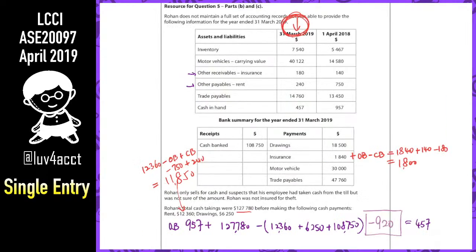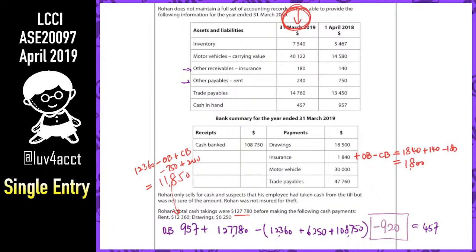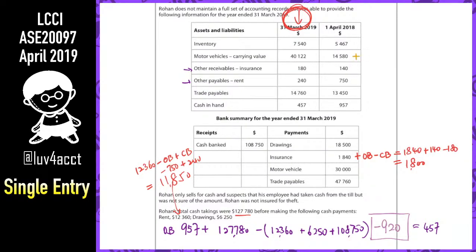Depreciation. Let us see. Motor vehicles. Let me change another color. Carrying value. Okay, be careful. This is opening, this is closing. Okay, add purchases of new vehicle minus depreciation would be equal to closing balance 40122. Okay, we have to calculate depreciation. Purchase of motor vehicle will be 30,000. Okay, so 14580 plus 30,000.